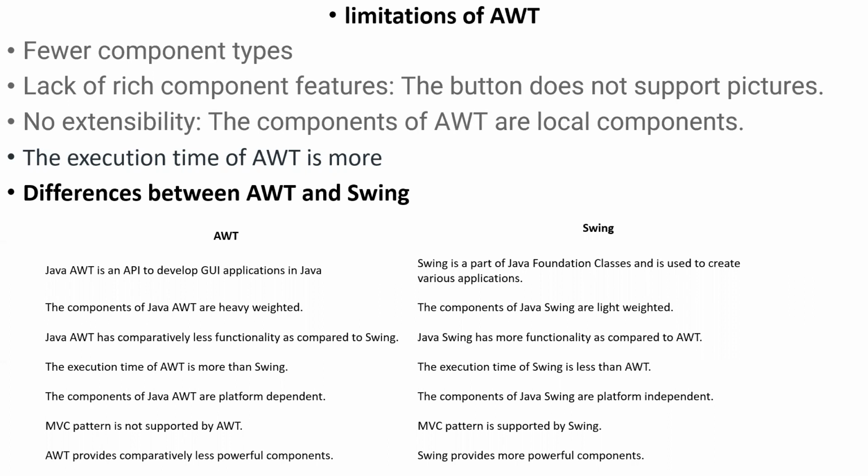AWT is meant for that only, to provide the graphical user interface. Because of its limitations, Swings are there. Swings overcome those limitations, and Swings provide a powerful and flexible way of graphical user interface.